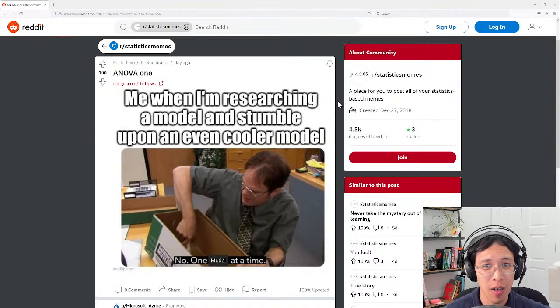There's just so many models out there, and this is probably not even thinking about machine learning models, where there's just a dime a dozen, right? ANOVA is a model for variance in the classical statistics standpoint.